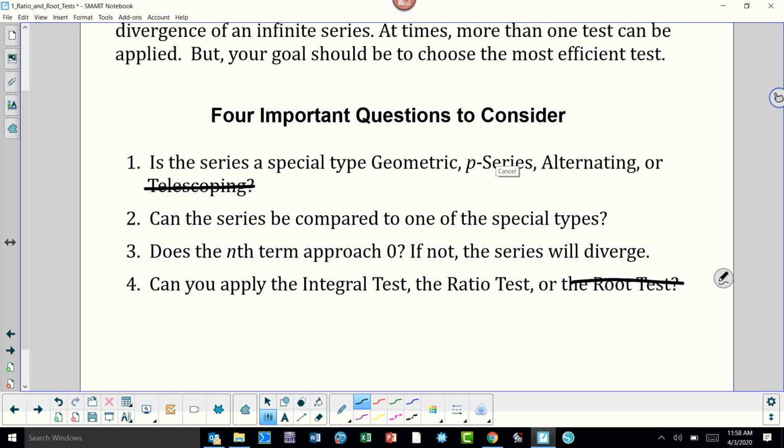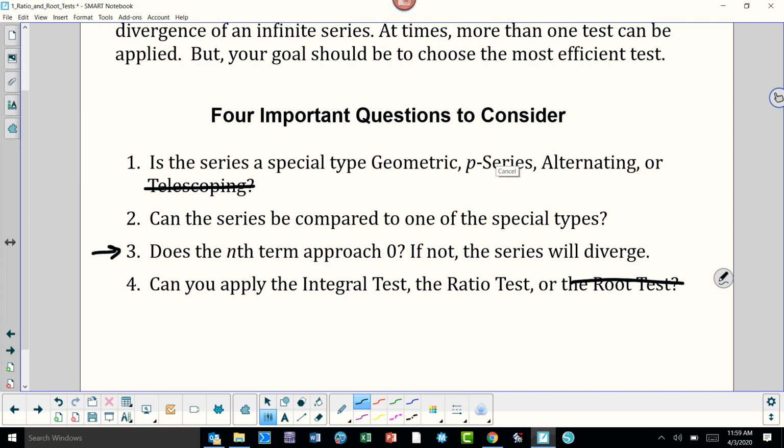Then second, I would do the nth term divergence test. If I can't determine anything really quickly about alternating or anything, I go ahead and do the nth term divergence test, because if I don't get the limit going to 0, I'm done. It diverges by the nth term test.